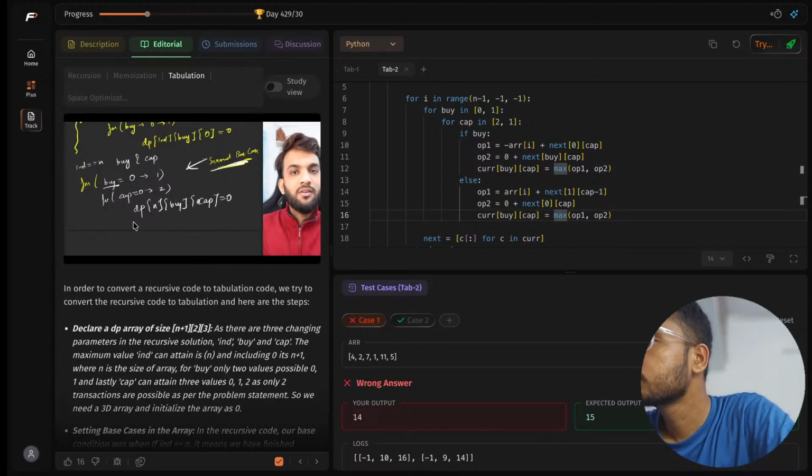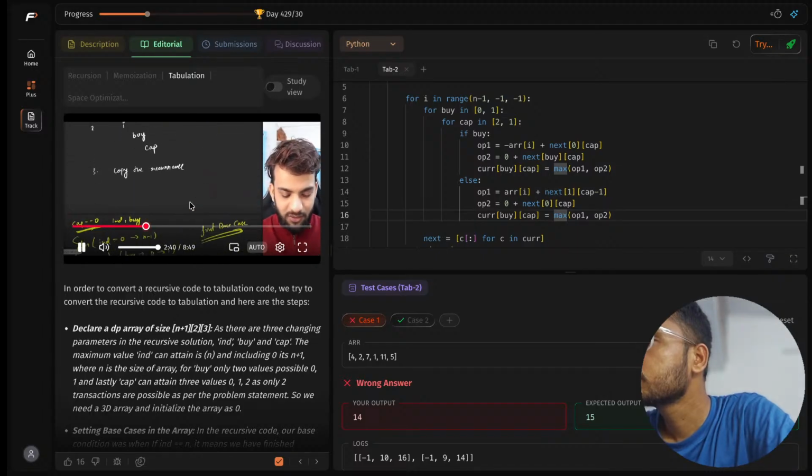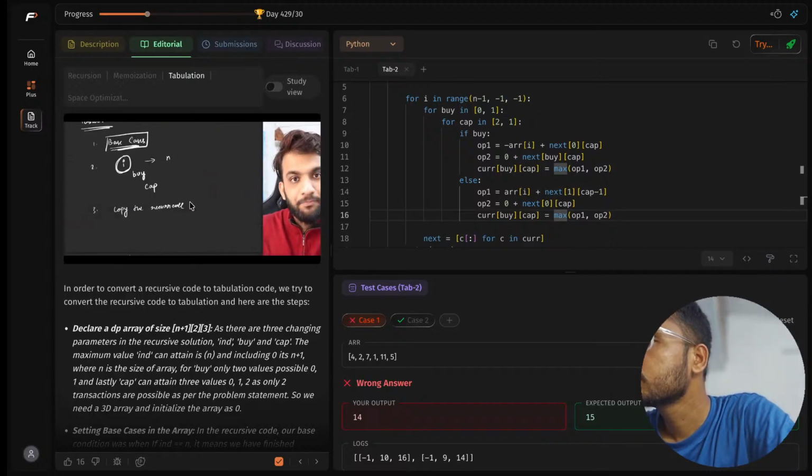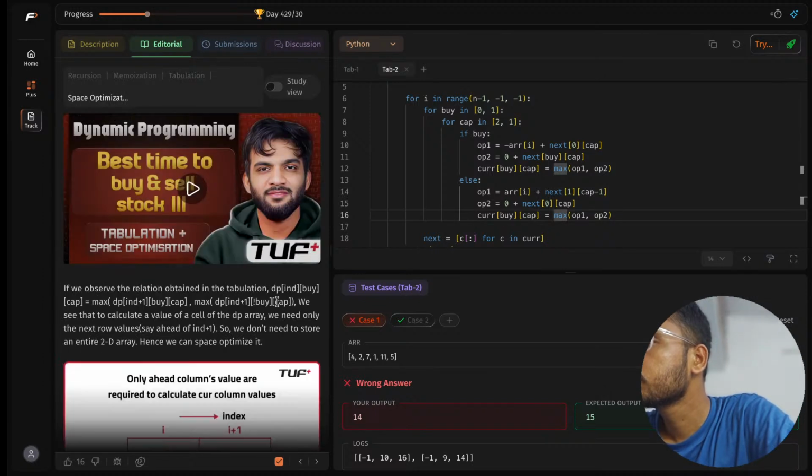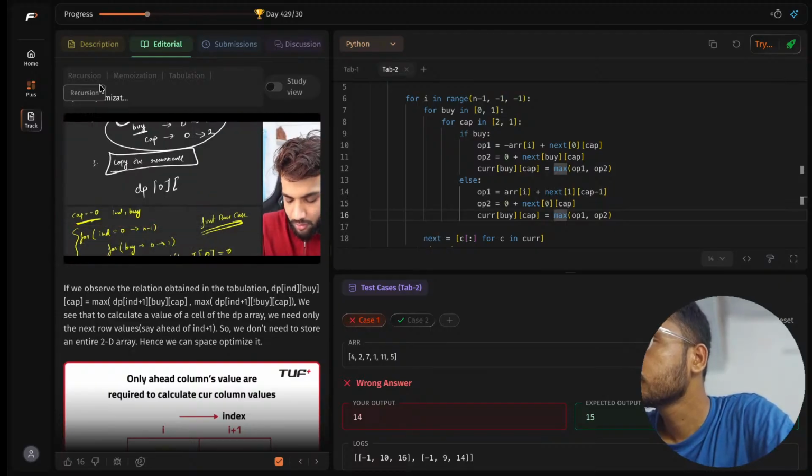That's the second base case. That's how you write the base case. Once you get to the base cases, this is the opposite. So it starts from n minus 1 down to 0. This starts from the opposite, 0 to 1. This starts from the opposite, that is 0 to 2. Just run these 3 loops and then copy paste the recurrence. And the answer will be at the initial call. The call was made for 0, buy 1, and 2 transactions allowed. This is where your answer will be.